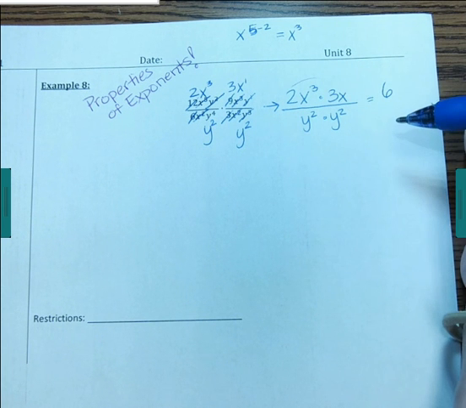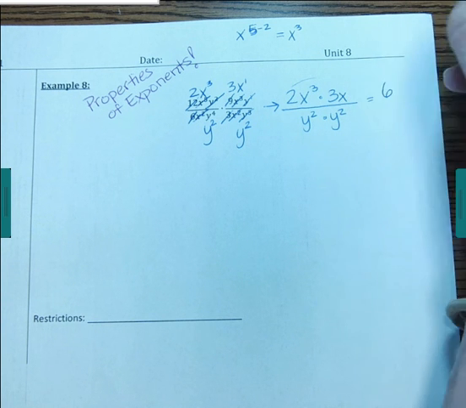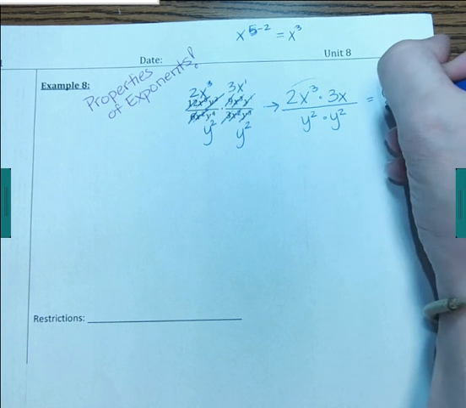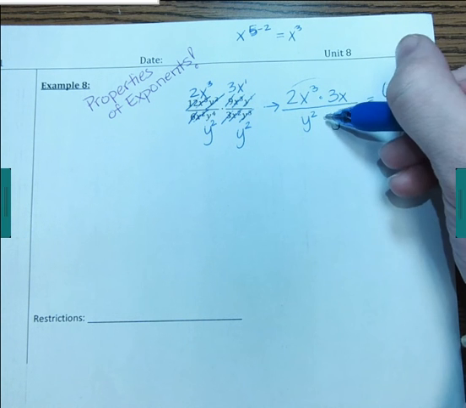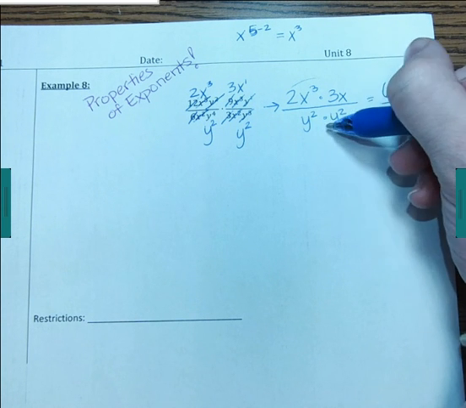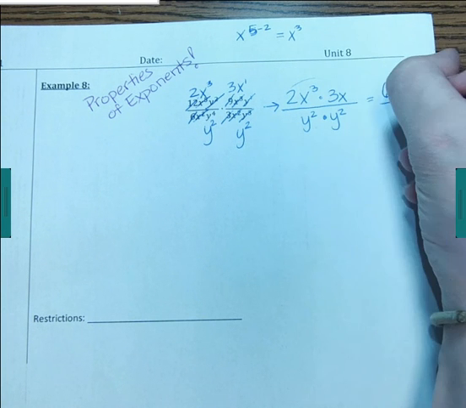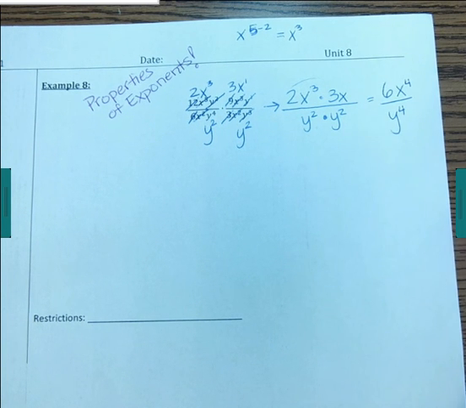When you multiply exponents, you add their powers. So that's a 3, this is an invisible 1. So 3 plus 1, you get x to the 4th. And then here we have multiplying. When you multiply exponents with the same base, you add the powers. So 2 plus 2 is 4. So we have y to the 4th. So that is our answer there.